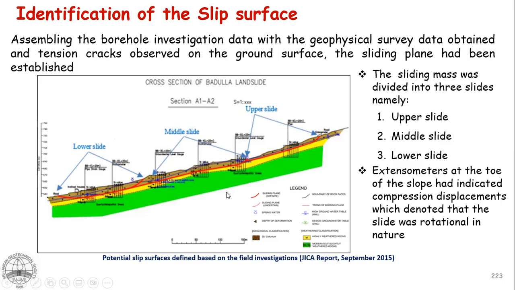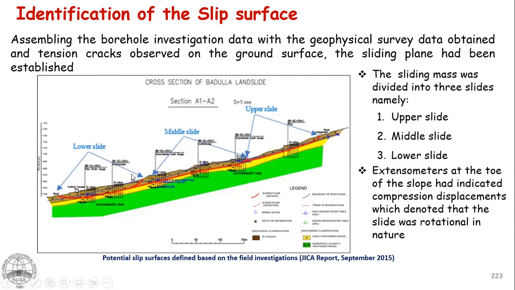So the three different slides are happening under these topographic and subsoil conditions. The groundwater table is rising during the rainy season, so the landslide is moves slowly during periods of heavy rainfall.